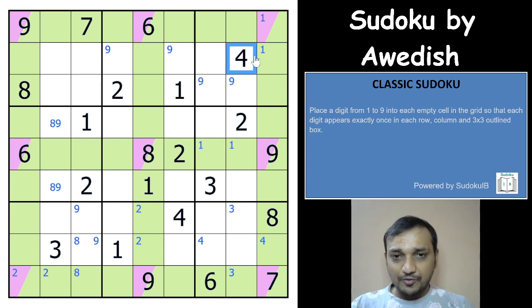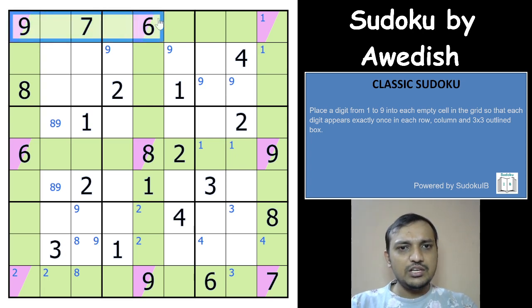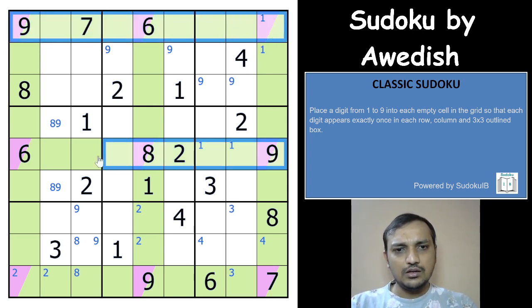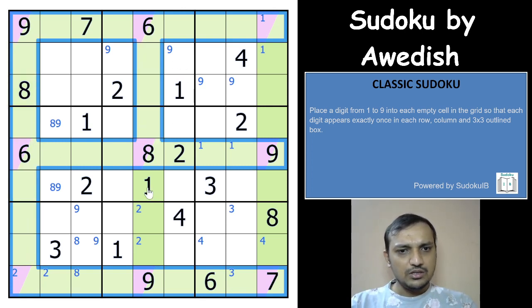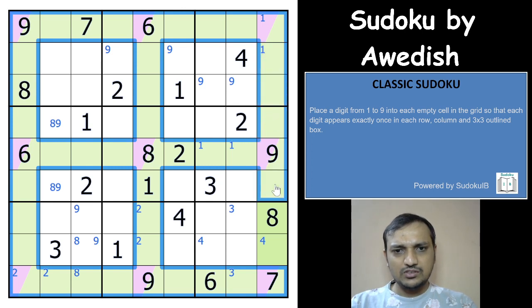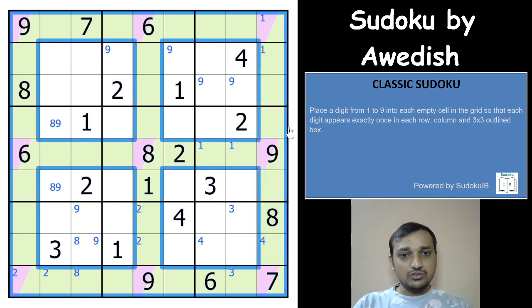Let us see if we have 54 cells used or not. You have these 9, 9 and 9, 27, plus 6 is 33, plus 6 is 39, plus 6 is 45. So of course there are only 45 cells and it has to be 54 cells.